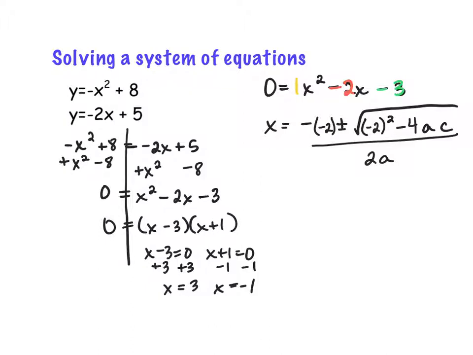Next thing I'm going to take out is my a, and I'm going to put 1s in there. Just for good measure, I meant to put the b's in red. So -2 and -2, not sure that's totally helpful. Anyway, and my c is -3.